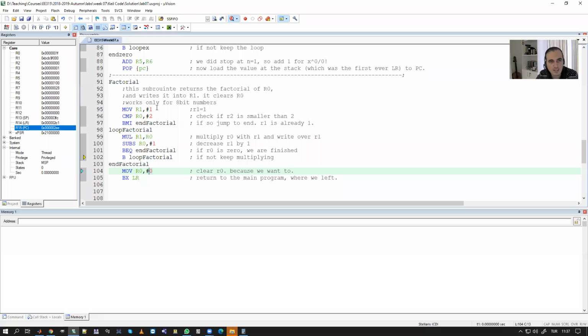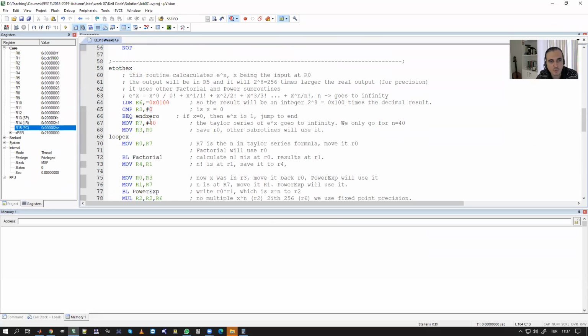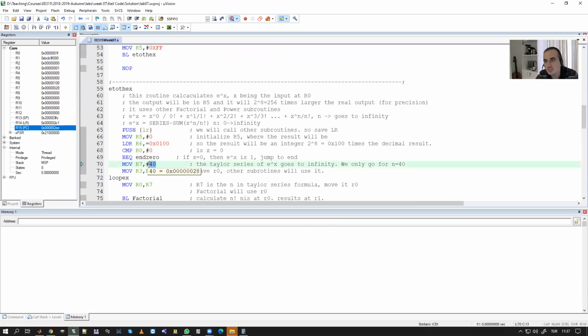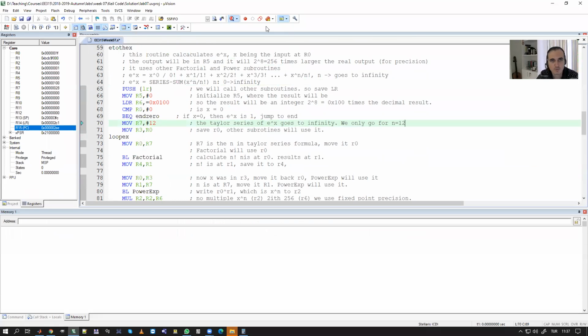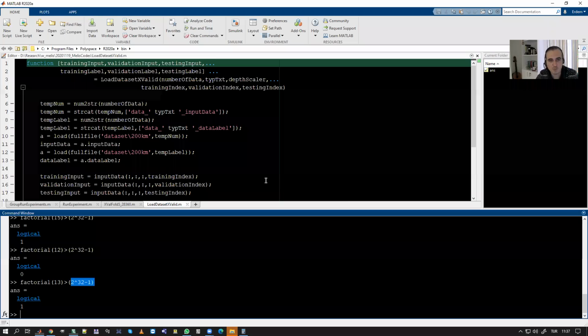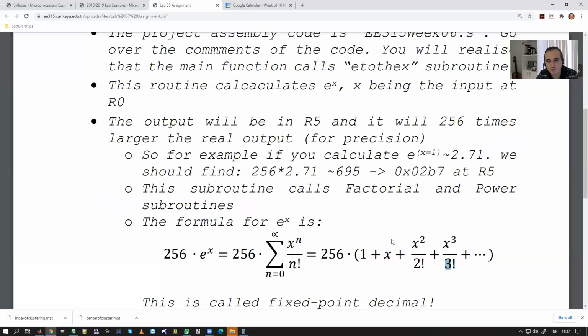So actually, running this loop more than 12 times will give us erroneous results. I'm going to use 12 to get better results, guys. I've just figured out a problem in our code. So I'm going to run the code with this loop only running 12 times, not 40 times this time.